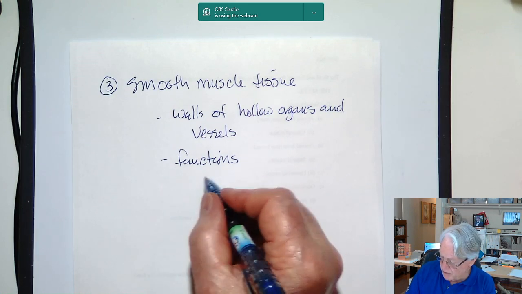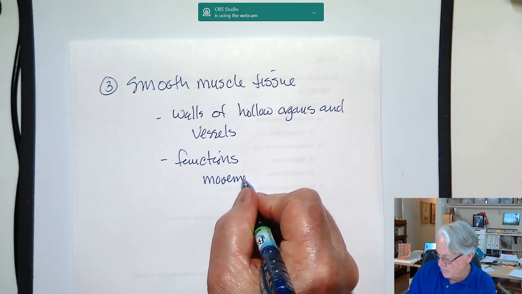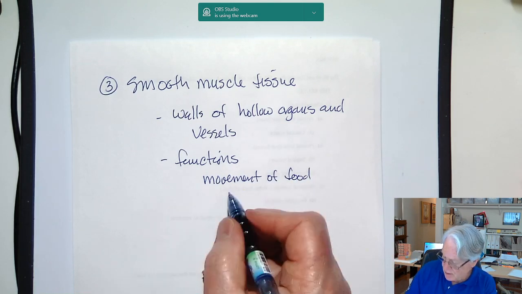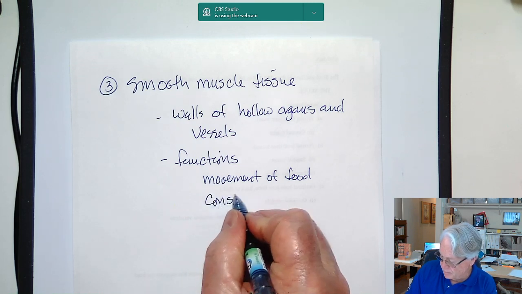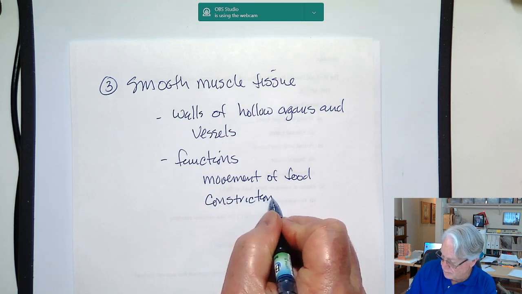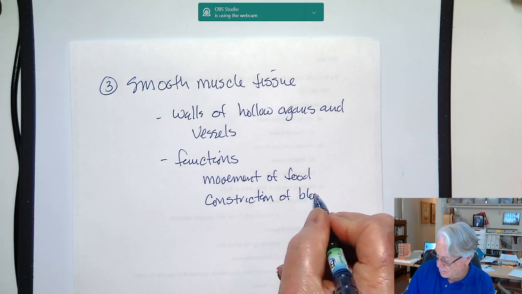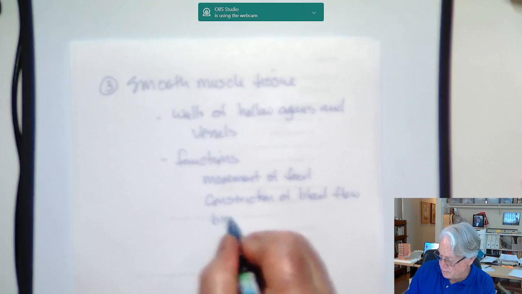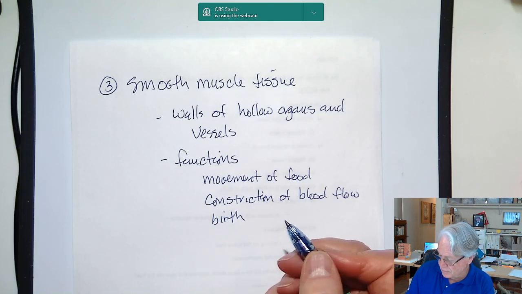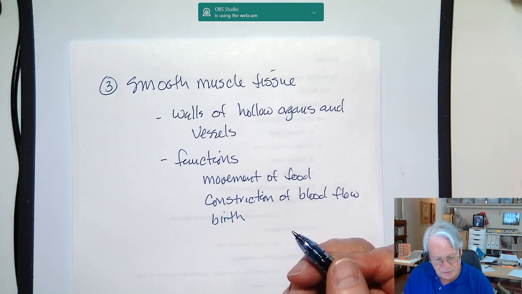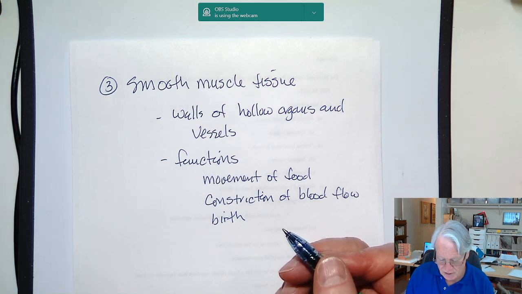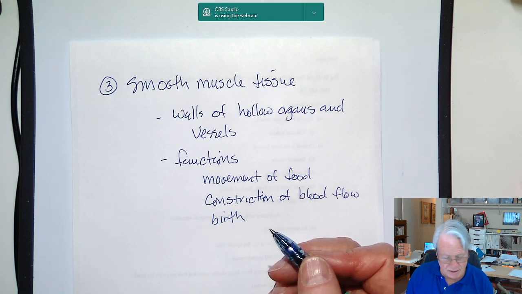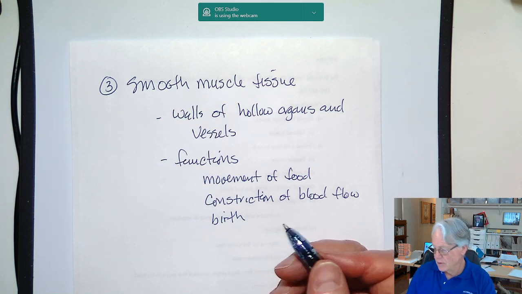Its function is movement of food, constriction of blood flow, and birth. So a number of different functions there. And let's go ahead and take a look at a picture. Smooth muscle.